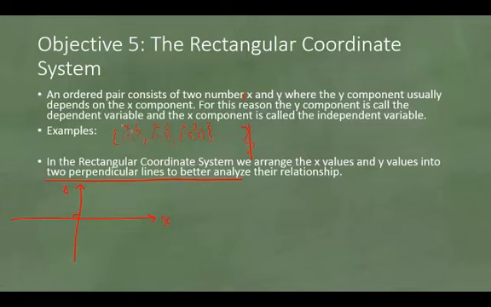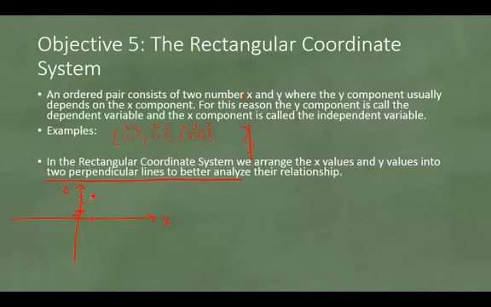So for this example up here, x, y, 0, 1, that would be an x value of 0, so we don't move on this axis, and a y value of 1, so we go up 1. So 0, comma 1 would be this point right here, right on the y-axis. The point 1, comma 3 would be an x value of 1, so you move to the right 1, and a y value of 3, 1, 2, 3.